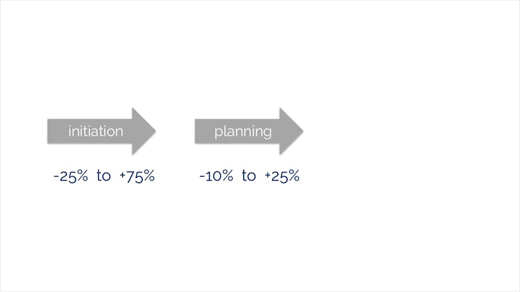Later in the project, during final user acceptance testing, you are much more confident in your estimate, so you create a definitive estimate, and the accuracy level should range from -5% to +10%. So, as you gather more information and become more involved in the project details, your estimates become more definite.